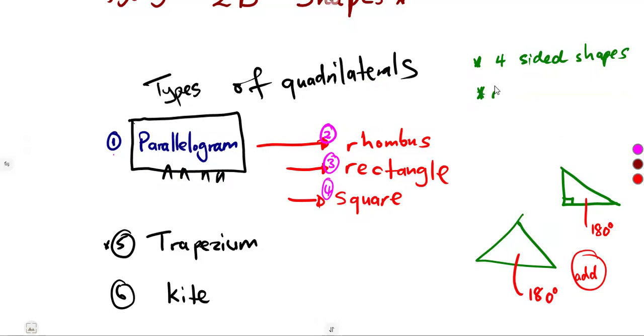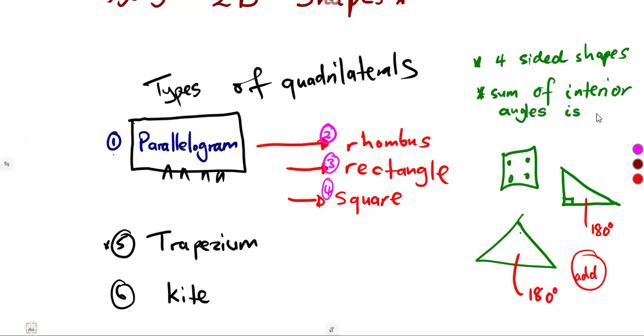So in this case, interior angles, so sum of interior angles, that is if you add up everything, these are angles that we find inside of the shape. If we add all these 4 angles, the sum of interior angles is 360 degrees.